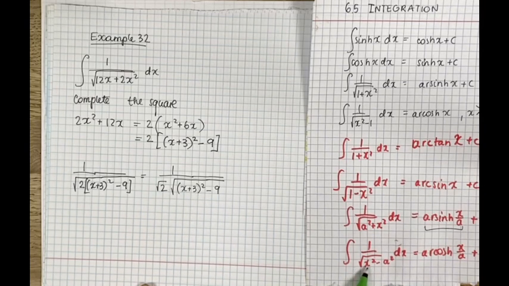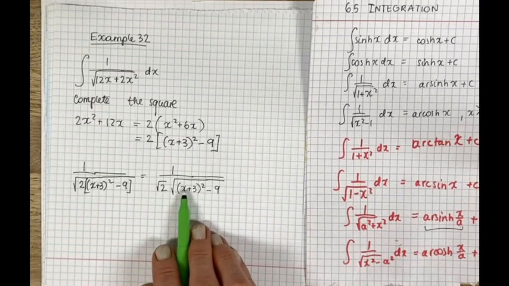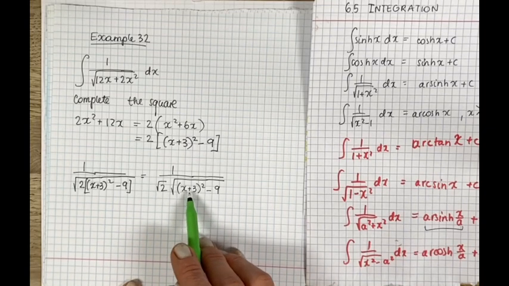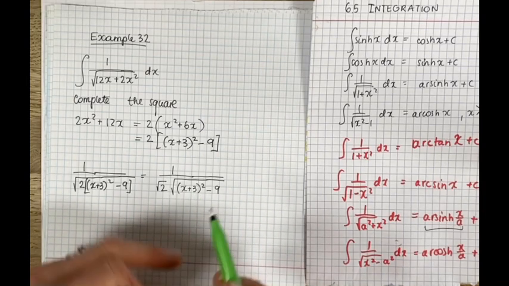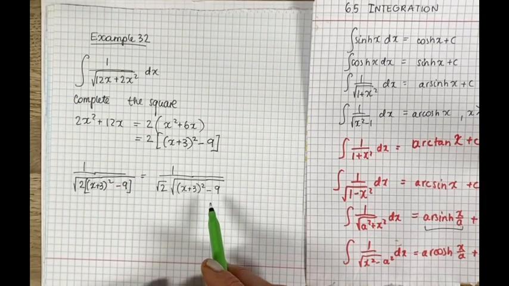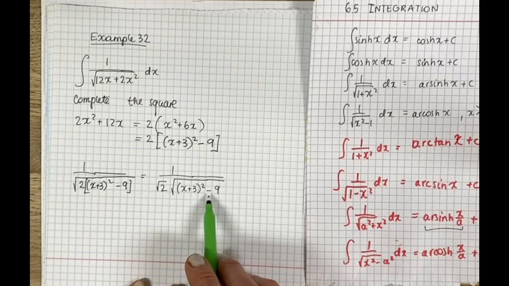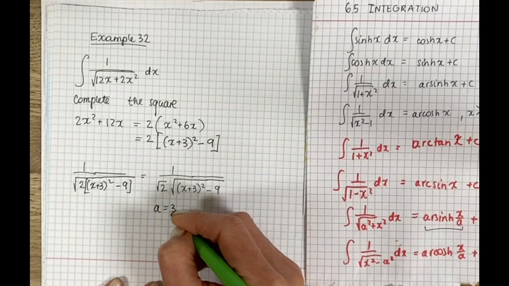The fact that rather than x we've got a linear bracket, that's not a problem, because it's like an inside function. If that inside function has been swapped into a linear expression, you will just need to adjust the integral by dividing by the coefficient of x. So do a quick inverse of the chain rule. So over here, rather than x, we've got x plus 3. That's okay. Our a squared is equal to 9, so a is equal to 3.